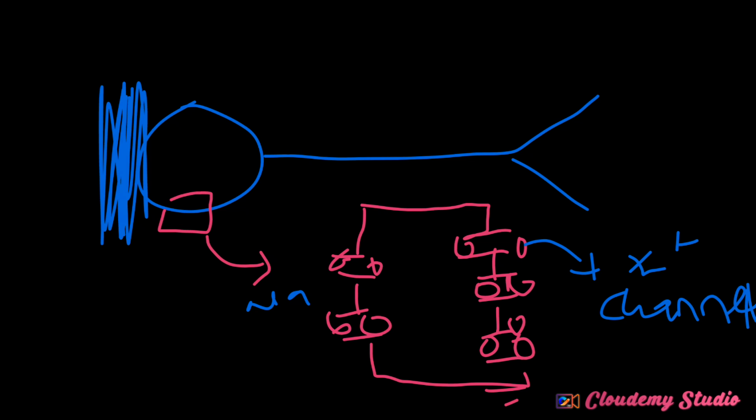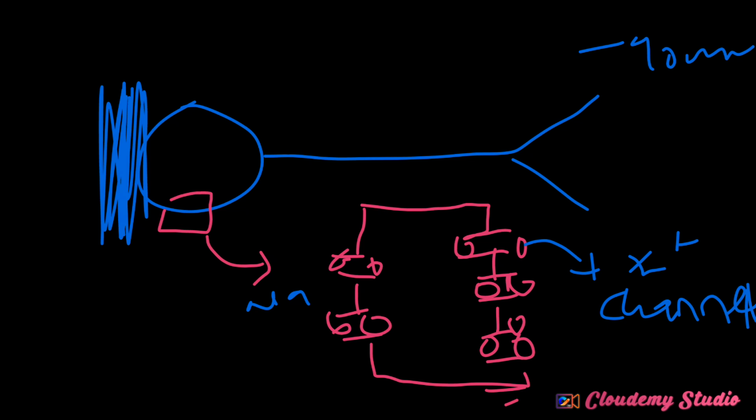Now, what is happening is that more potassium is flowing outside of the cell. Anions are staying inside of the cell, making the inside of the cell to be what? To be negative, to about minus 90 millivolts. You understand? And more potassium that is flowing outside, more sodium is flowing inside. But there are more potassium.